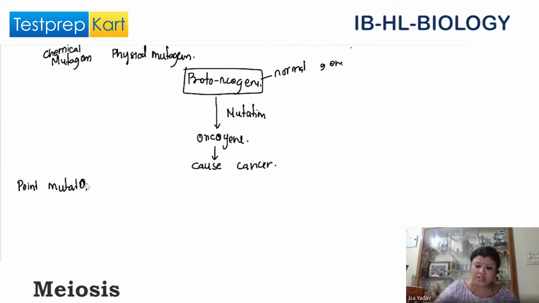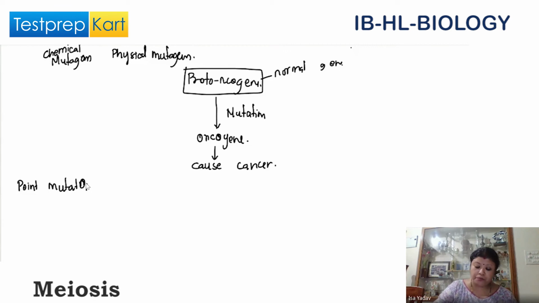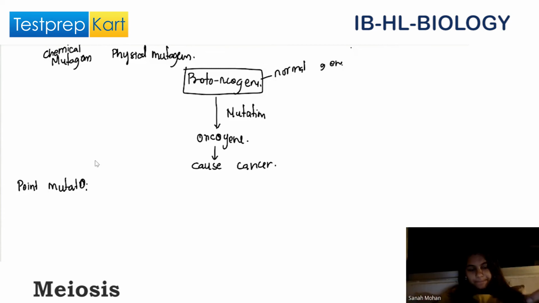Do you have any idea what a point mutation is? Okay, let's see. So, point mutation is a change in a single base pair. Change in a single base pair. Is this clear? Okay.